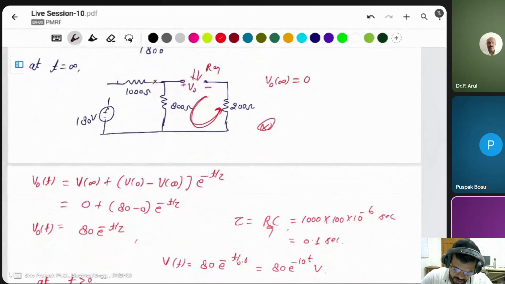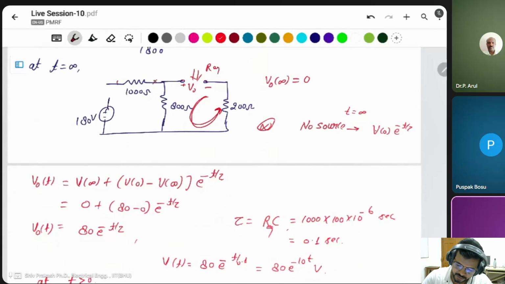You can use the formula 80 e to the power of minus t by tau. It means if there is no source, at final, then V0 e to the power of minus t by tau.